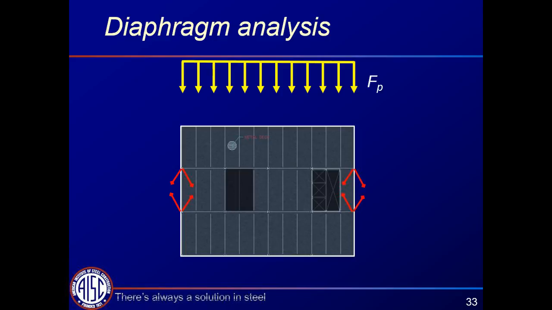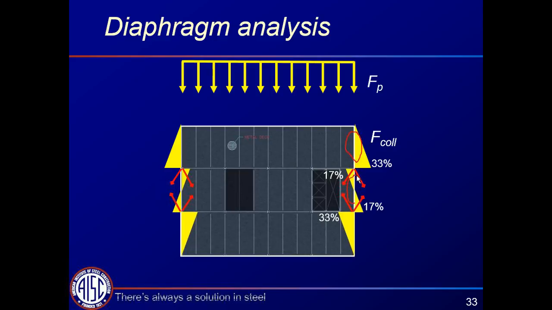So just for simplicity, we're going to do a very simple design and assume that the force ends up as a uniformly distributed collector force, so that essentially 33% of the force goes to this bay, 33% of the force to this bay, and 33% to this bay.